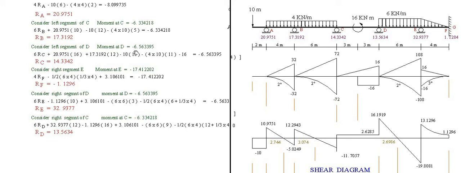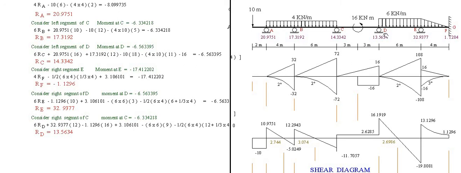You will note that the moment at C is also 63342. They are almost the same, but they are different. Moment at D is minus 65633. Okay, moment at D is different from moment at C.